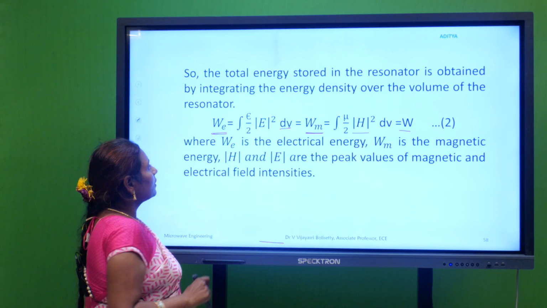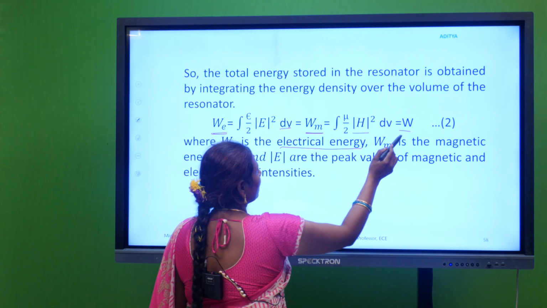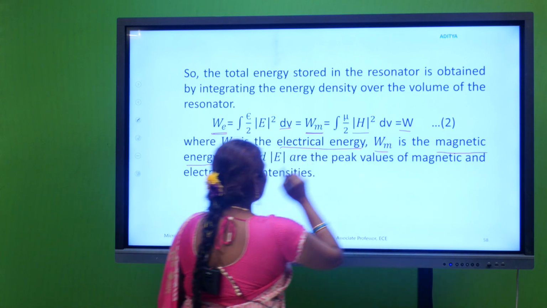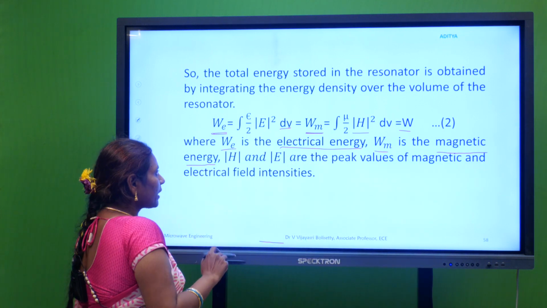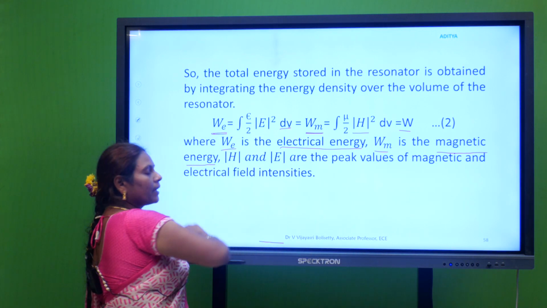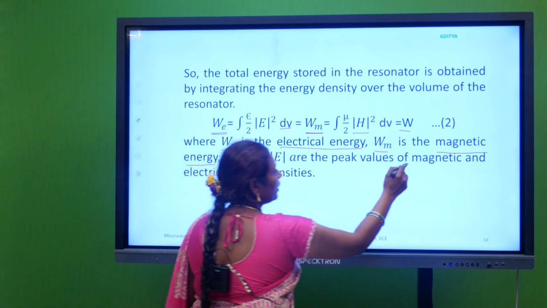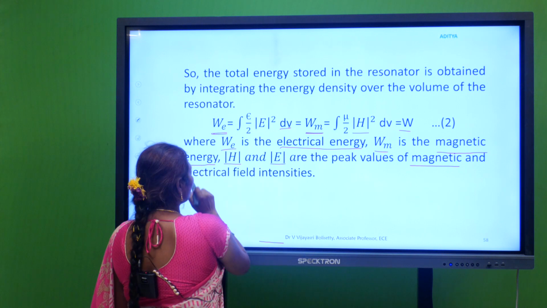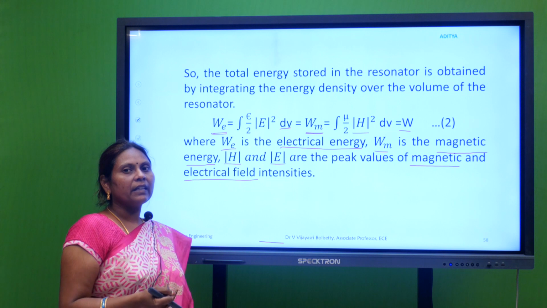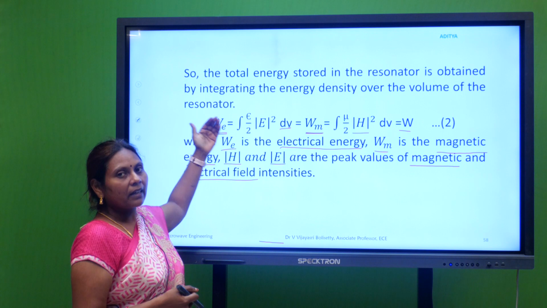Here We represents the electrical energy and Wm represents the magnetic energy, and magnitude H and E represent the peak values of the magnetic and electric field intensities. By integrating the electric field intensity over the volume, we get the electrical energy stored.